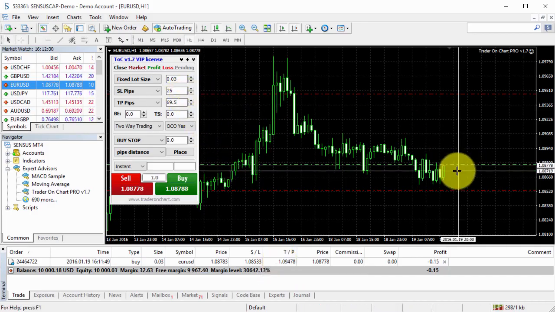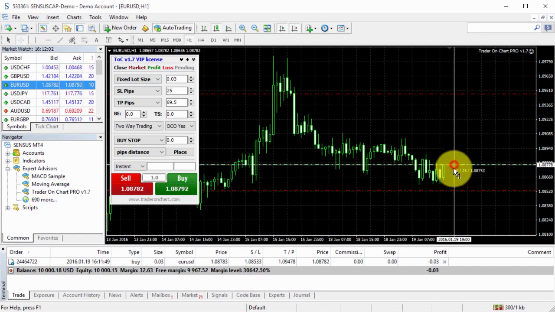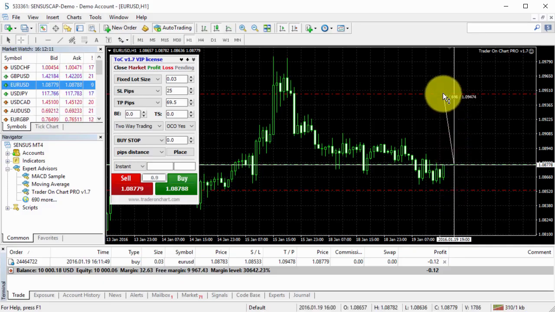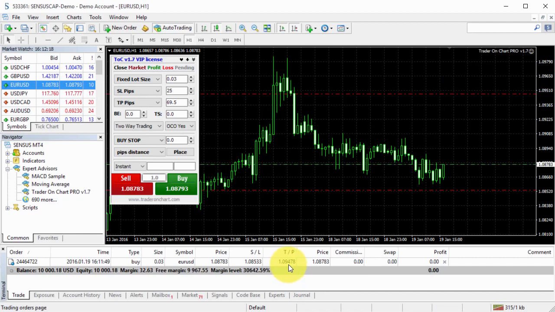I could try to measure it with my mouse right here. Yeah, it's 25 pips stop loss, and my measurement is not that exact, and the take profit is at 69.5. You can do the calculation from these numbers right here.